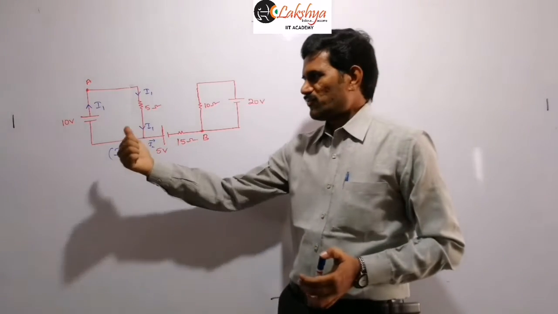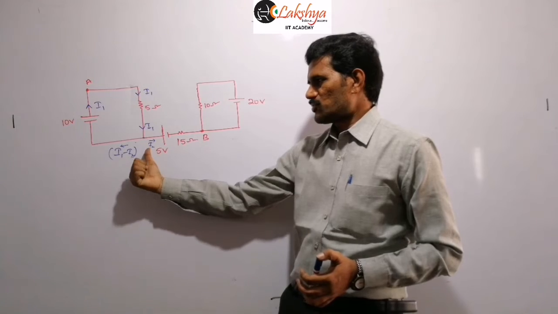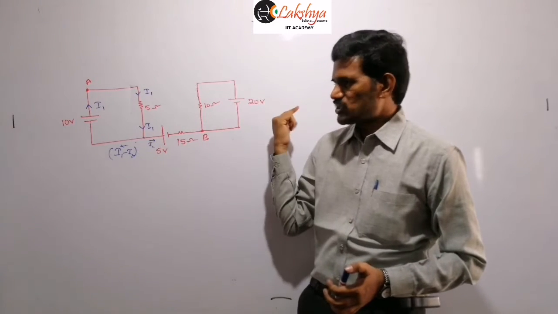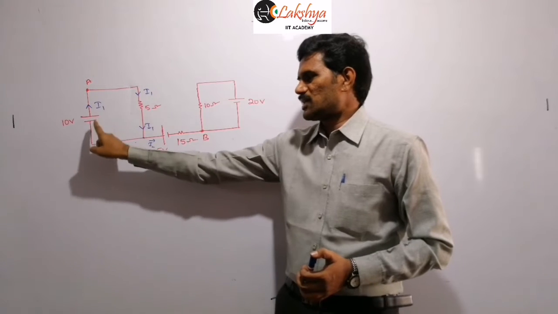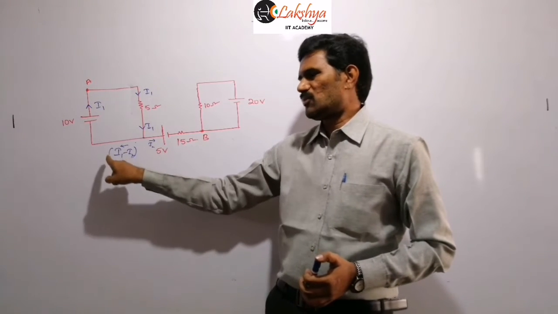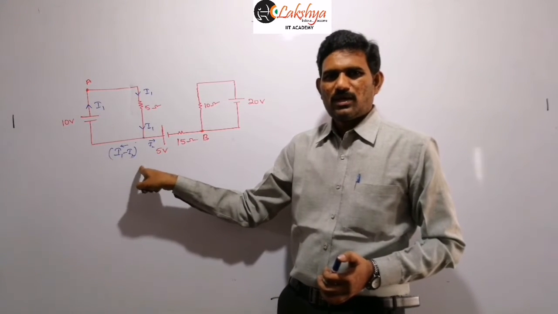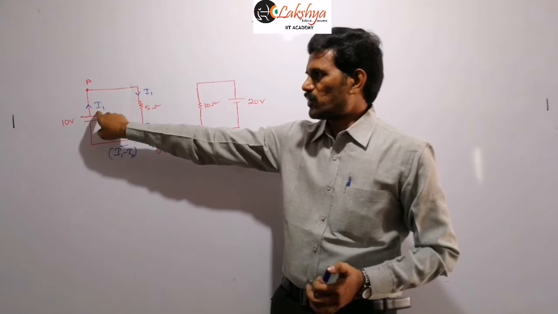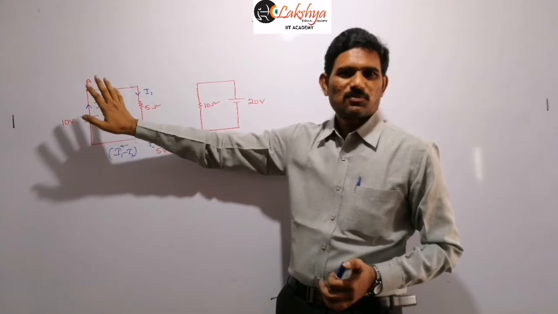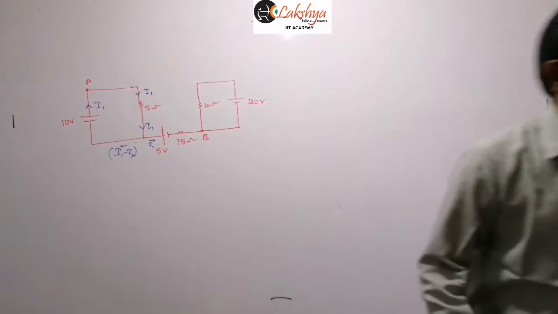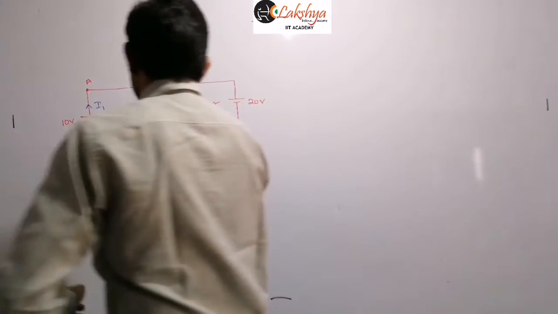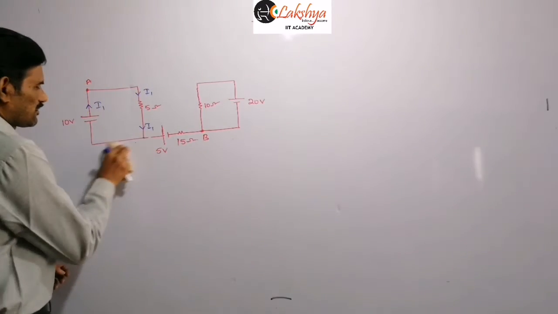So now if you observe this, if some amount of current I2 is flowing in this direction, then the current entering the negative terminal will be I1 minus I2, whereas the current coming out of the positive terminal is I1. Is it possible? It is not possible. Then our conclusion is that at this junction the current is not dividing.